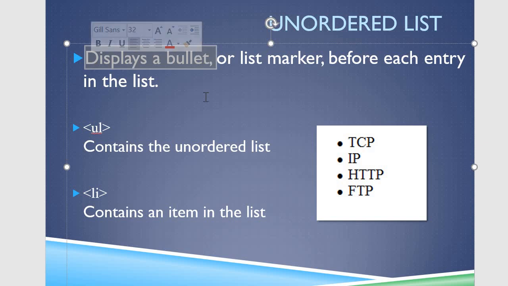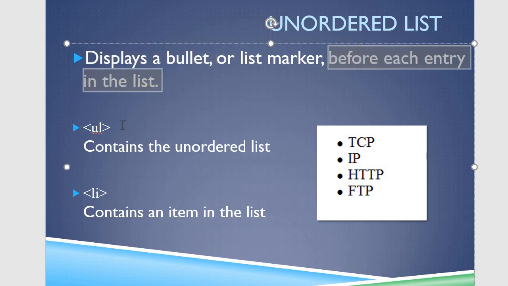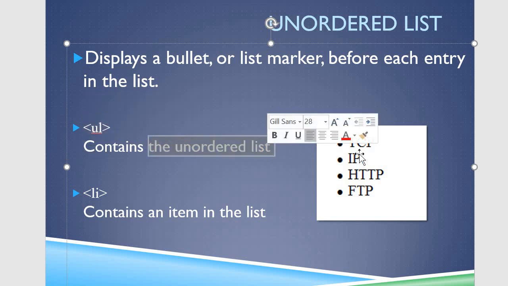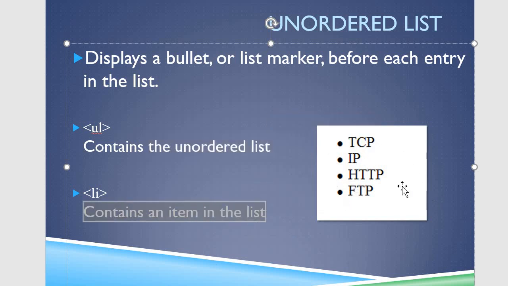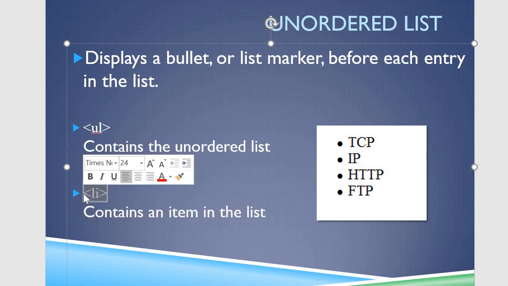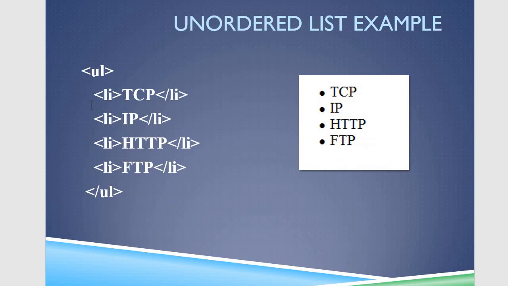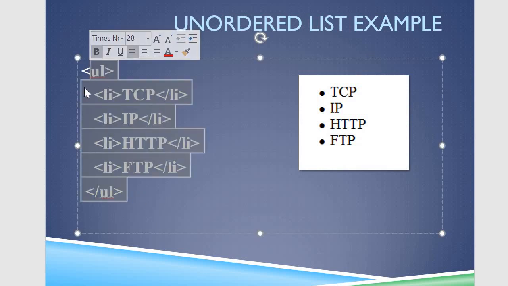What is the tag used for unordered list? UL contains the unordered list, and if you want to include items in the list, you have to use LI. This is one example. You know how to write UL code.